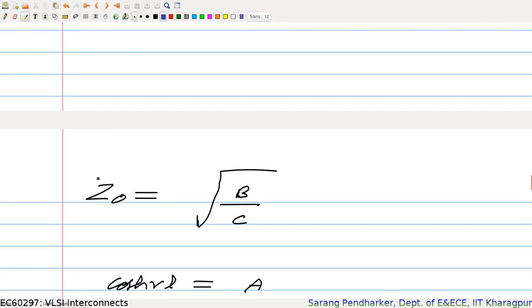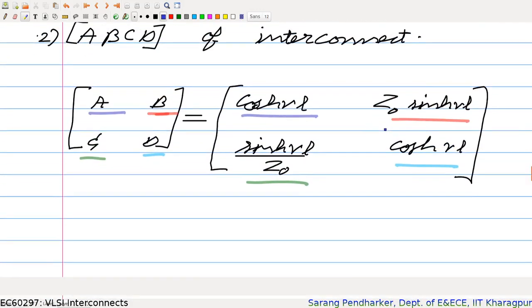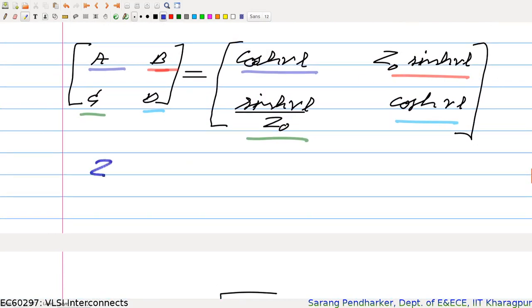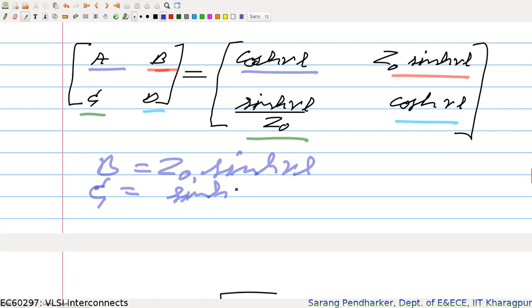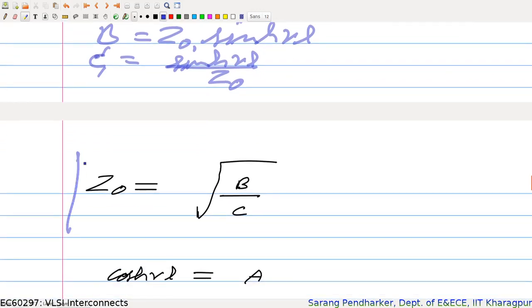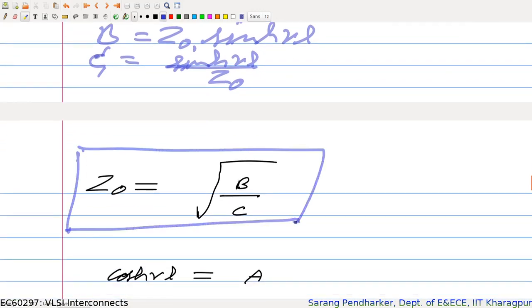So B is equal to Z0 sinh(gamma L), and C is equal to sinh(gamma L) divided by Z0. If I take the ratio of B by C, I get Z0 is equal to the square root of B by C.